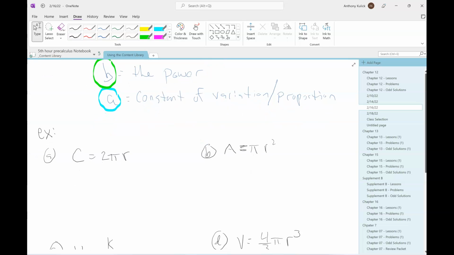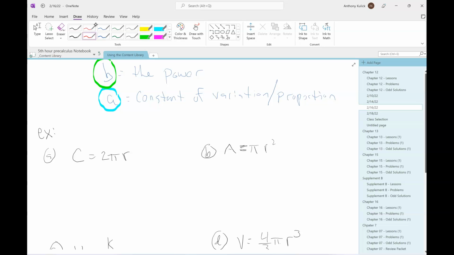So let's take a look here at some examples. Here's a bunch of different functions that could all be considered power functions. And we're just going to identify the power and the constant of variation for each of these. So the first one here is describing the circumference of a circle.